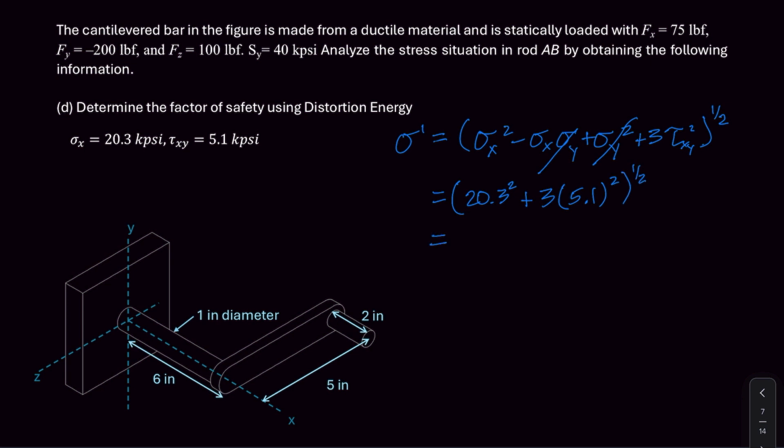This would be equal to 22.14 kpsi. And now to apply that and figure out what our safety factor is, we would have our yield strength over the von Mises stress. And our yield strength is 40 kpsi, and that's going to be all over the 22.14 kpsi.